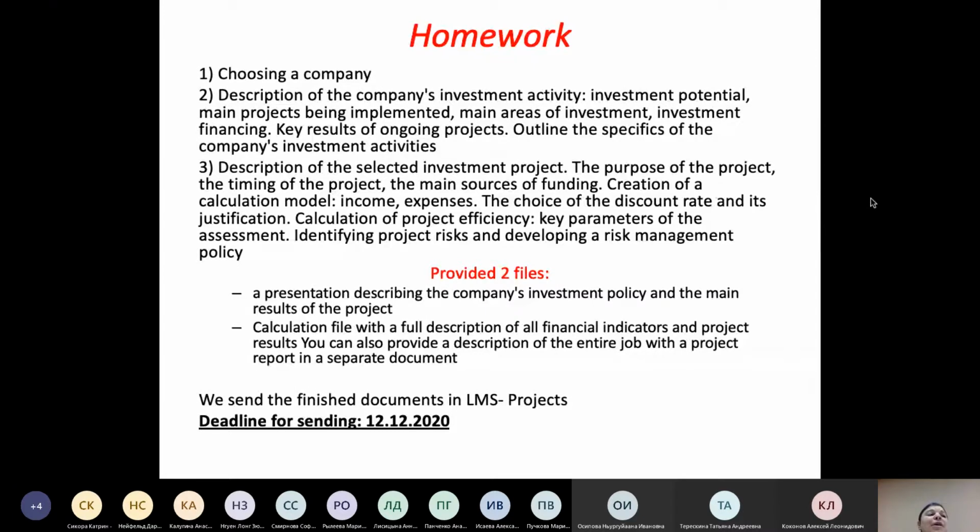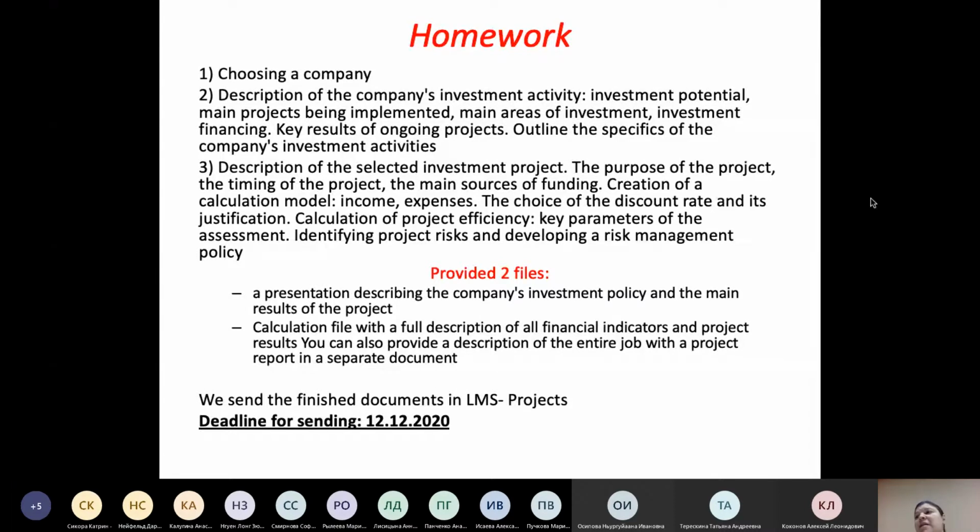The group includes not more than 4 participants, as we decided earlier, and there are 3 main steps of your homework. First of all, you have to choose a company. It depends on your choice, a foreign company or a Russian company, but the main purpose is the deep analysis of an investment project in this company.